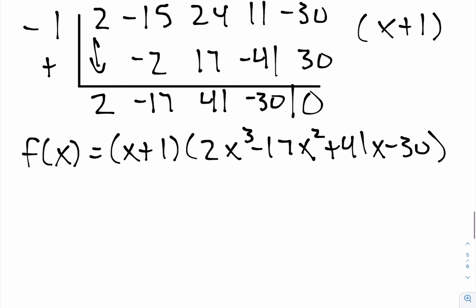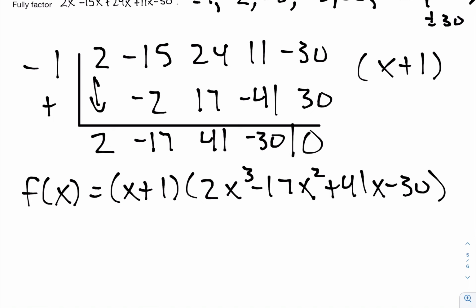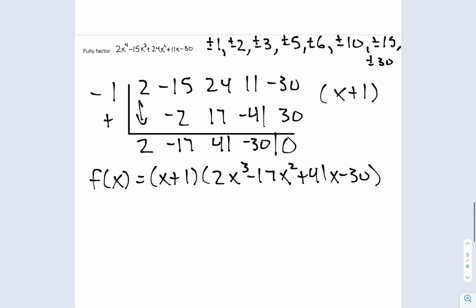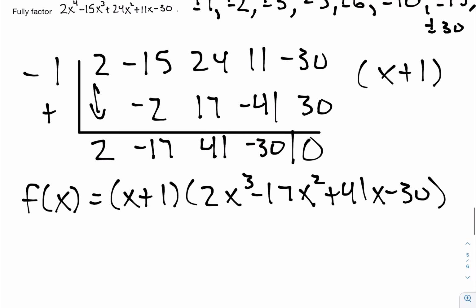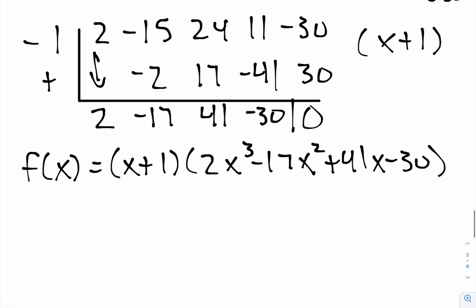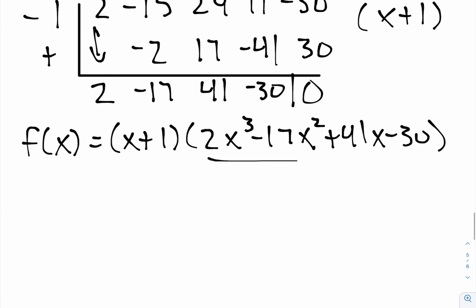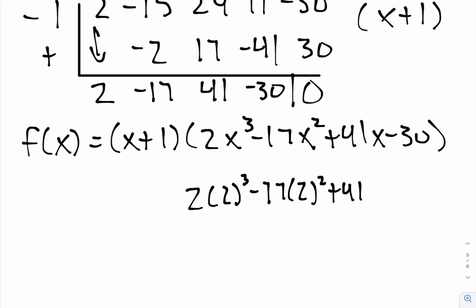Can we plug anything in for x where the remainder is going to equal 0? Let's try x equals 2. That's kind of the next number, right? We already did plus or minus 1, so let's try 2 now. If we plug 2 into this part, we get 2 times 2 cubed minus 17 times 2 squared plus 41 times 2 minus 30.